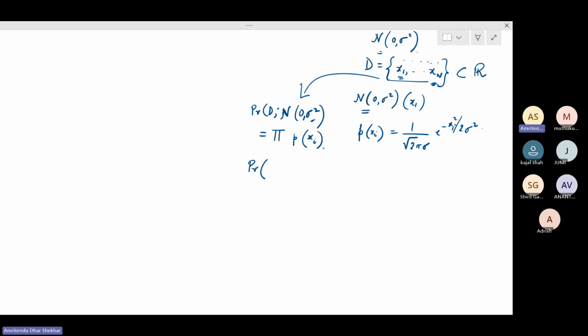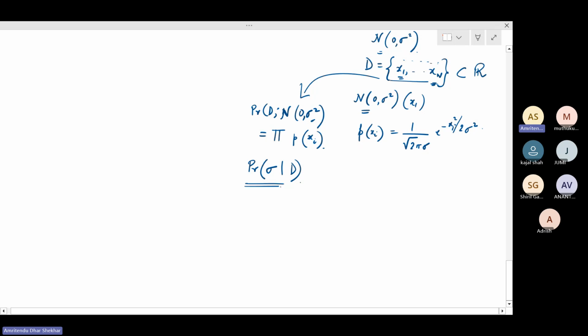So you are asking a question: what is the probability that sigma was the right parameter for my model given that I have my data? Now, how do you answer this? This is tough to answer, right?